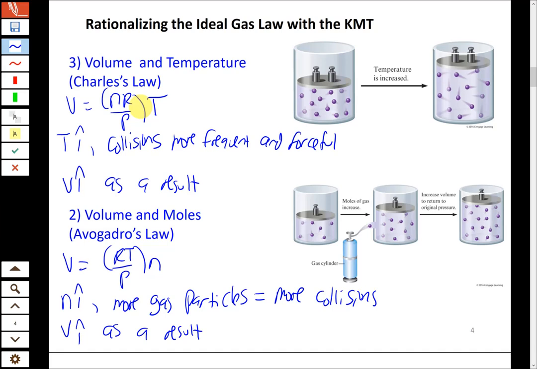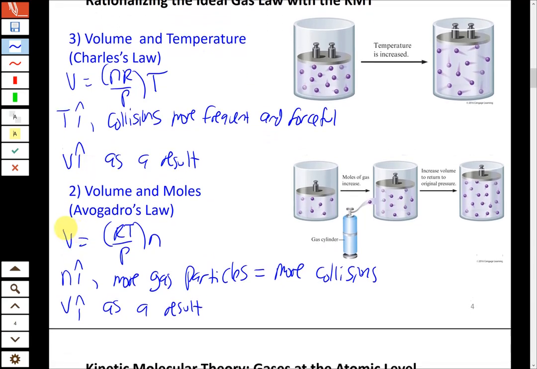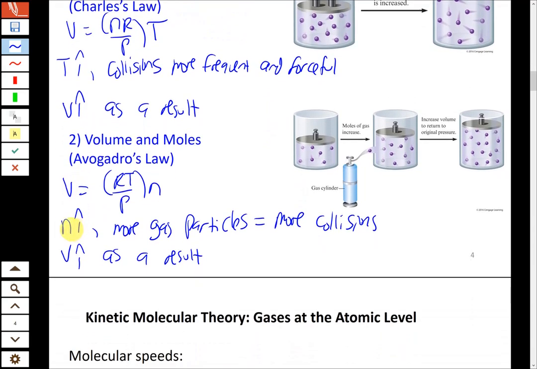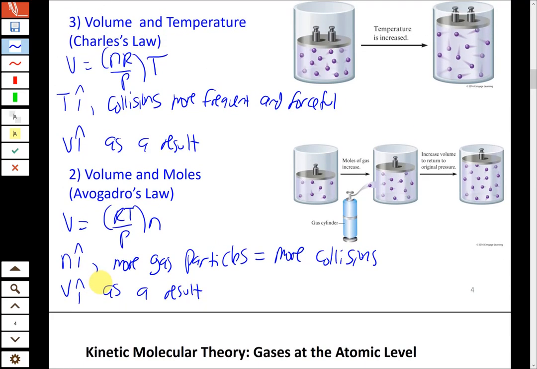If you change the volume or add more gas, you can change how often those gas molecules collide with the walls of the container. So those are really the two things that influence pressure, and hopefully that makes sense now why we have these relationships that involve all these different parameters. So any questions on that conceptual stuff before we move into a little bit more quantitative description of this?